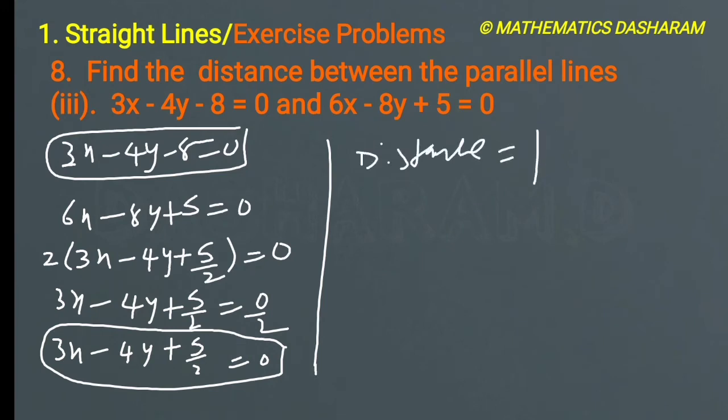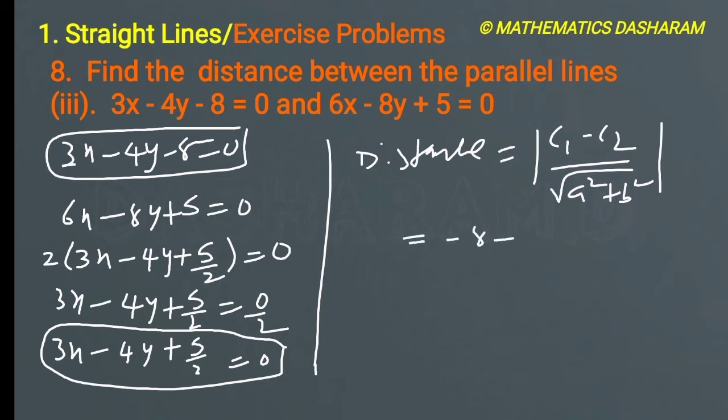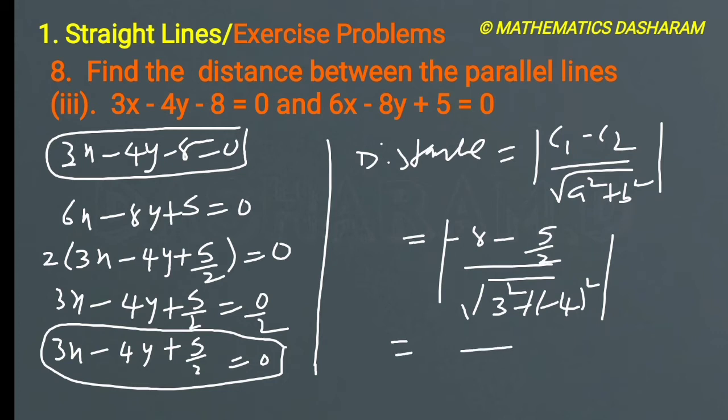So the formula is mod C1 minus C2 divided by under root a square plus b square. C1 and C2 are the constant numbers. Here the second constant number is 5 by 2. Under root a square plus b square: a value 3 square, b value minus 4 whole square. So here I am taking the LCM: minus 16 minus 5 divided by under root 25.